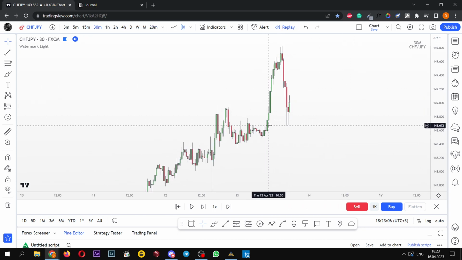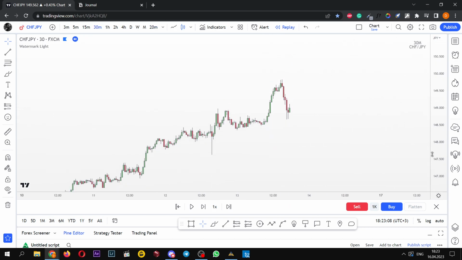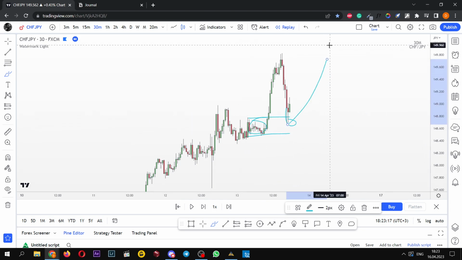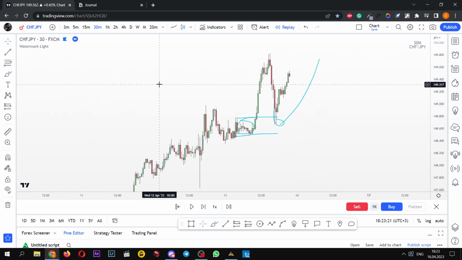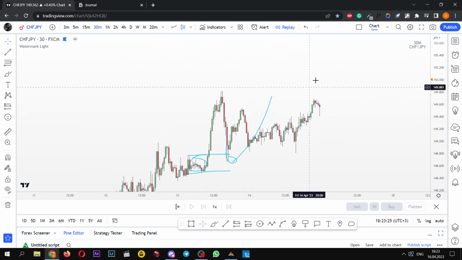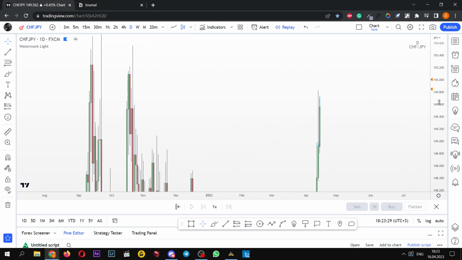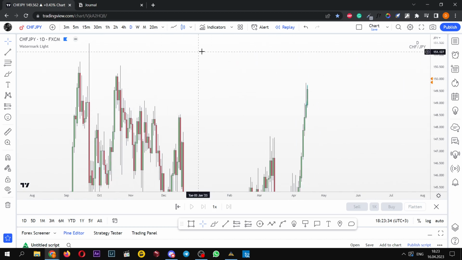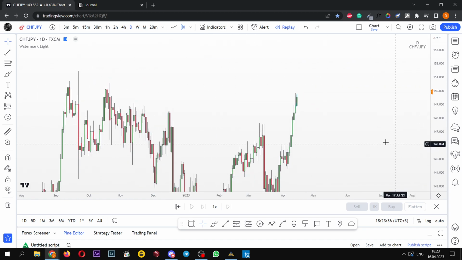Yeah, so we created a really clear shift of structure with these unmitigated zones, with this origin of the move mitigated it, and just continued up more and more. So what we have for the next week here is this psychological level of 150, which coincides with these highs, and overall the target is there.